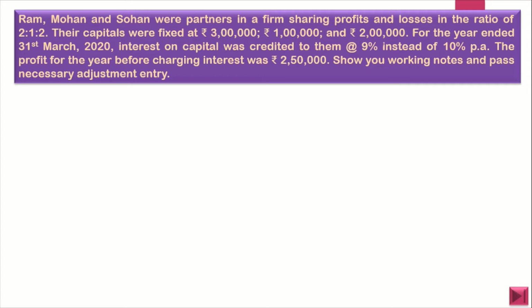As you know, there is no mistake in the distribution of the profit. No wrong ratios are taken, so we are not going to calculate the correct profit or wrong profit. We'll be doing it like this. This point says they are provided with interest at 9% instead of 10%. So one way is to give the 9% back to the firm and take 10%.